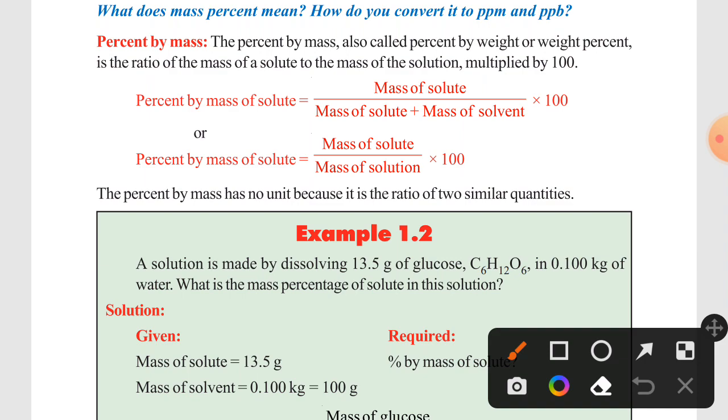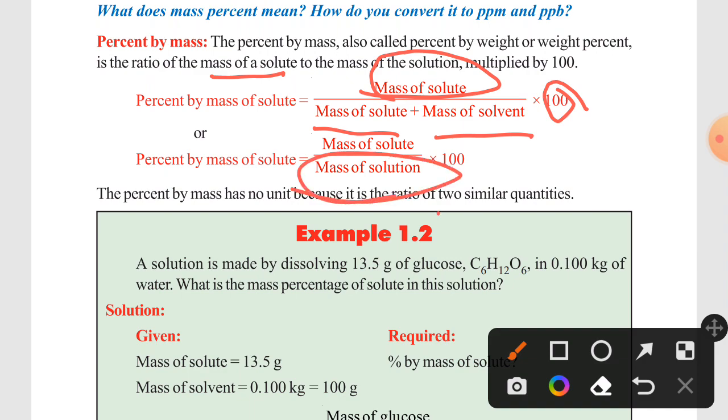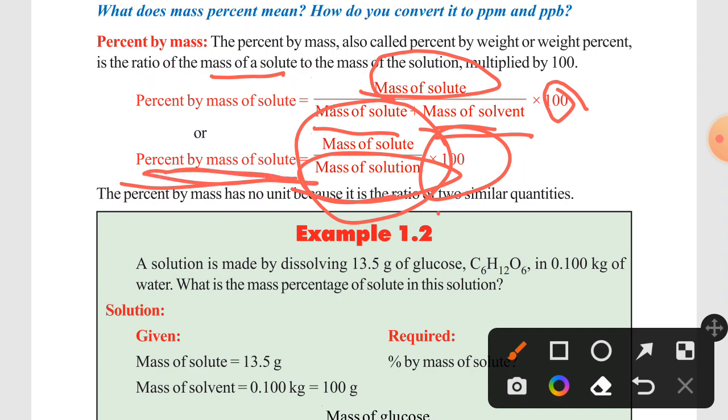It is the ratio of the mass of solute to the mass of solution multiplied by 100. The mass of solution can be the mass of solute plus the mass of solvent.